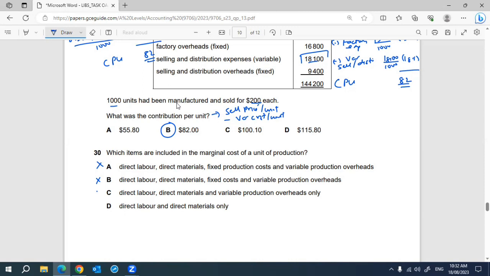C, yes. D, why isn't D an option? Because between C and D, C is a better option, because D says that we should only include direct material and direct labor only. There could have been other variable production costs which should be included. The word only tells us that we should not include other variable production costs, which is wrong. So therefore, the correct answer is C.